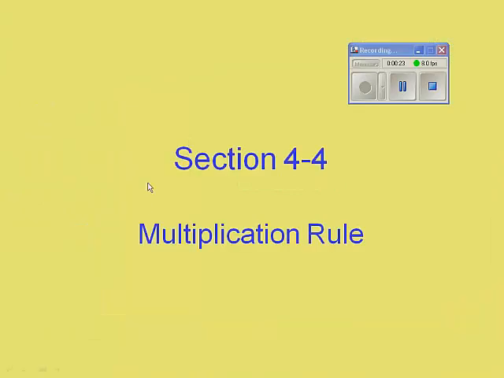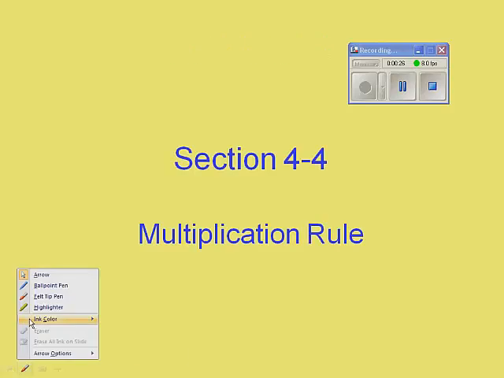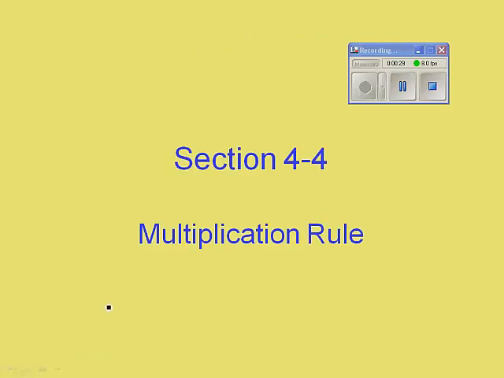Let me give it to you right off the bat this time, instead of leading up to it like last time. Just for the sake of time, here is what the multiplication rule says. It says probability of A and B equals probability of A, what do you think?